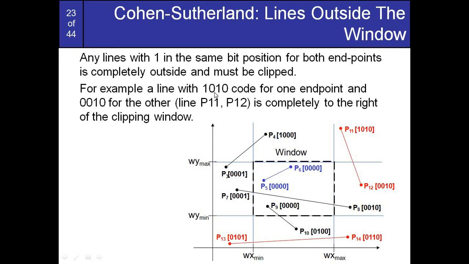This point 1010 is outside this window, and 0010 is again completely to the right of the clipping window. So this clearly indicates that both endpoints lie completely outside the clipping window. Fine.